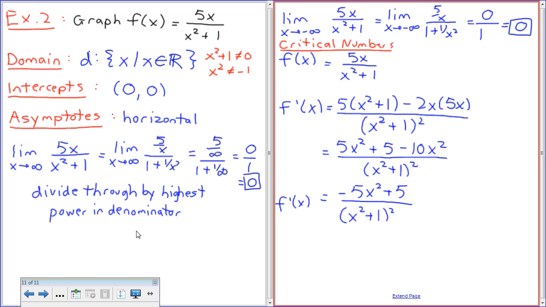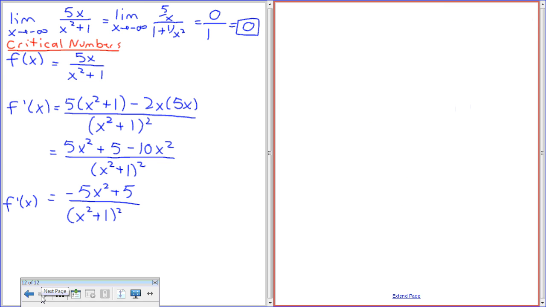Okay. f double prime of x is going to be a little more complicated, which equals negative 10x times x squared plus 1 squared minus 2 x squared plus 1 times 2x times negative 5x squared plus 5.